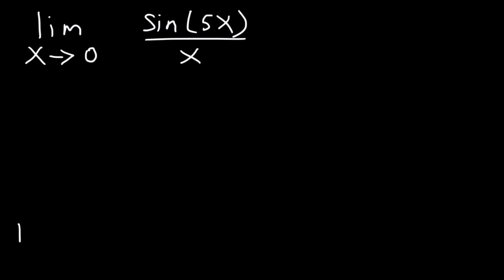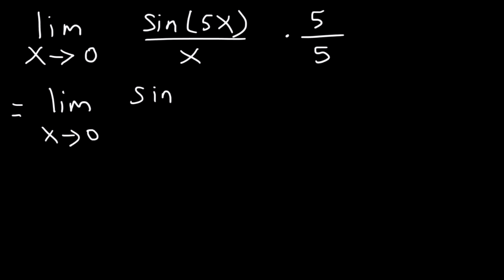What you need to do is multiply the top and the bottom by 5. And we're going to take this 5 and move it over here. So this is equal to the limit as x approaches 0 of sine 5x divided by 5x, times 5.